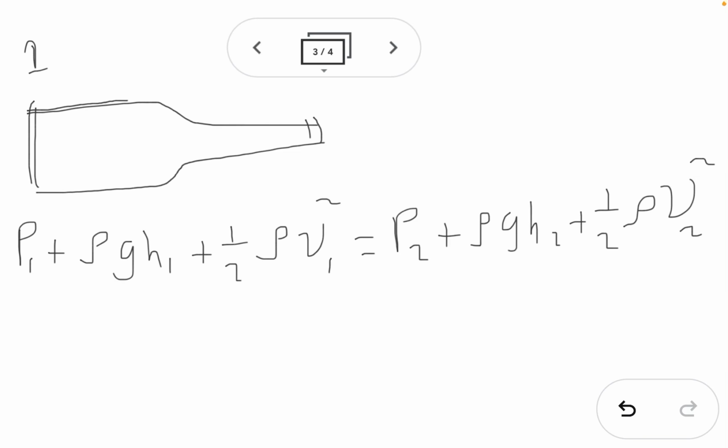All right, this means that the fluid is actually flowing, or it is moving. If the fluid is not moving, then we have this coming out of the equation. It means that V1 is equal to V2, and they are both 0.